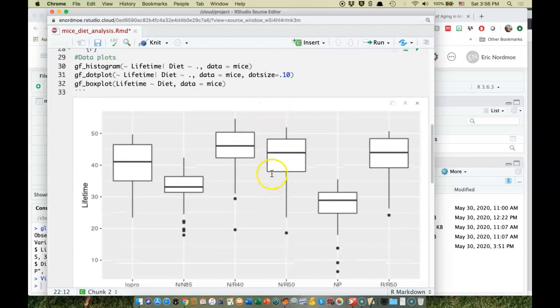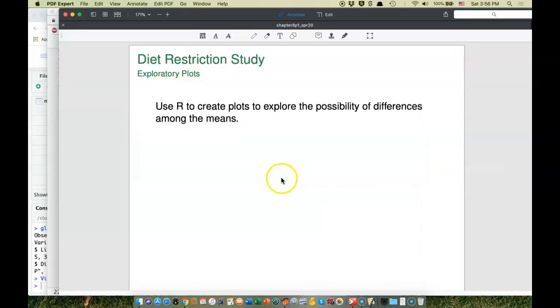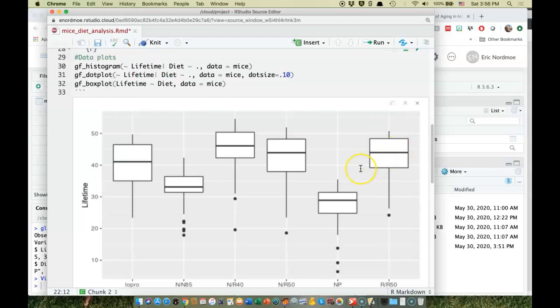All right, so we had a look at the data. Now let's pick up where we left off. We use R to create plots to explore the possibility of differences among the means. So I like a box plot here for doing that. A dot plot would be fine for smaller sample sizes. And this certainly suggests to me some systematic variability in the lifetimes.